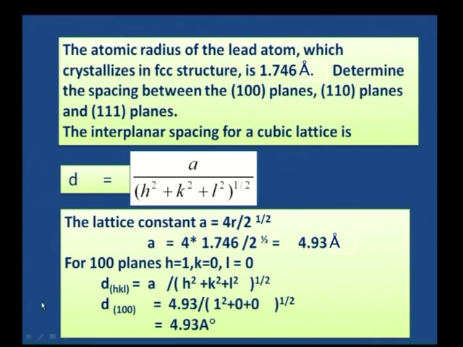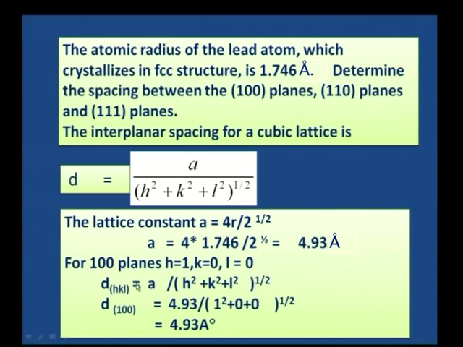The lattice constant a for an FCC structure is 4r by 2 to the power of half. So, r is known as 1.746, substitute the value of r here, and a turns out to be 4.93 angstroms, that is the cube length for the FCC unit cell.